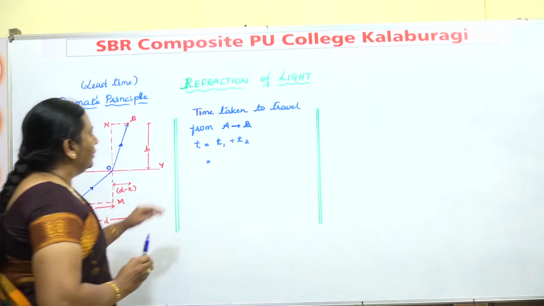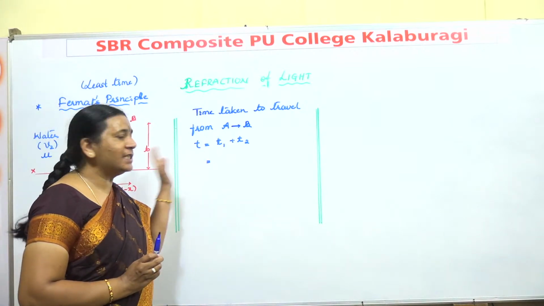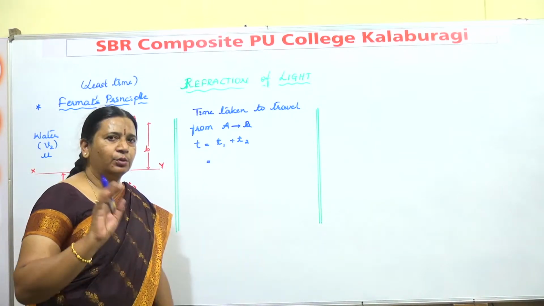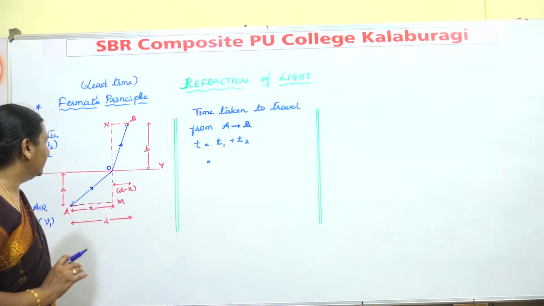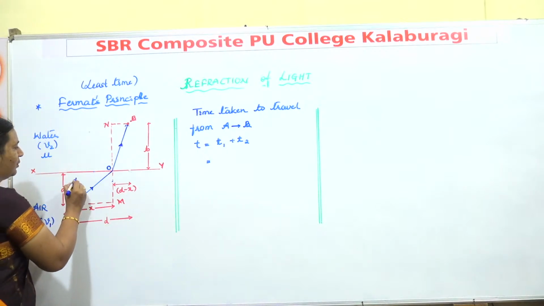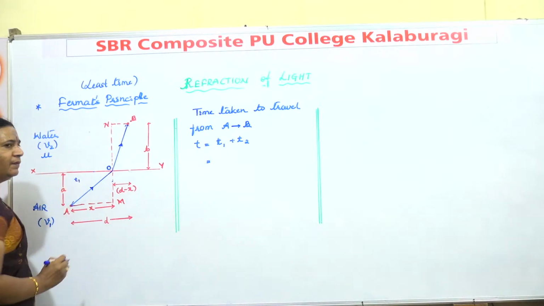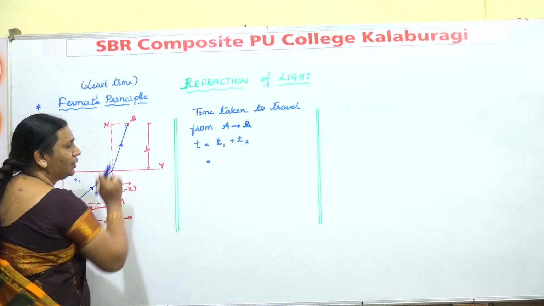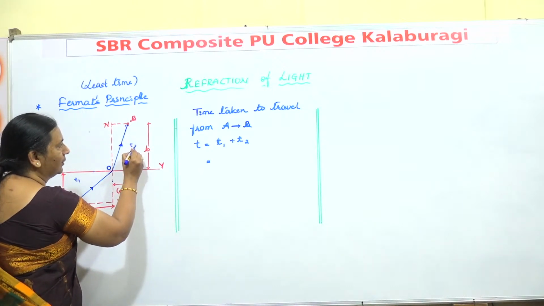Now, to prove that this path is taking the least time, first I have to calculate the total time taken. Let us assume that it is taking time T1 in the first medium and it is taking time T2 in the second medium.